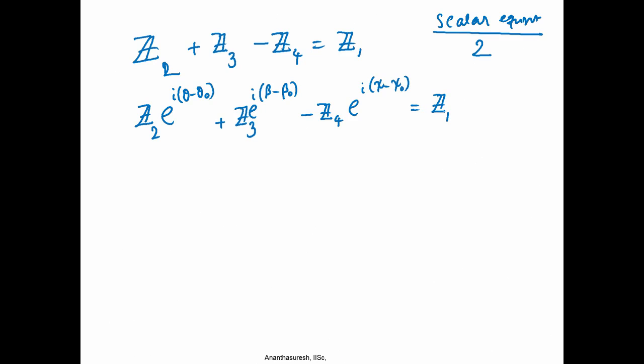Now, how many equations are there? It also has two equations, real parts and imaginary parts. So, this one, let me call it actually the first position, theta 1, beta 1, psi 1, rotated by theta 1, beta 1 and psi 1.